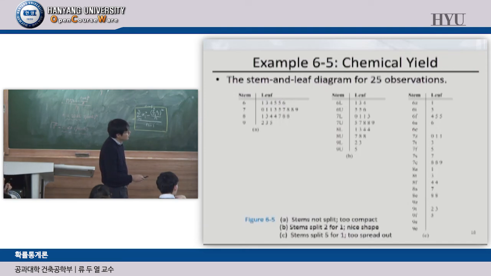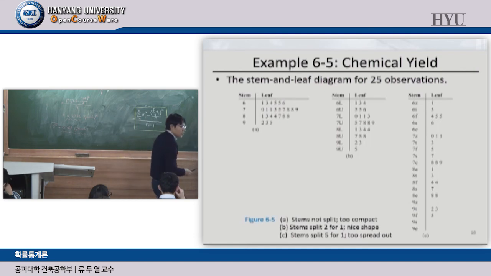Some stems don't have any value. So this is too much. So this is the best stem and leaf diagram for the case of the 25 observations, okay? So based on this concept, you can provide the best stem and leaf diagram based on your test data points.